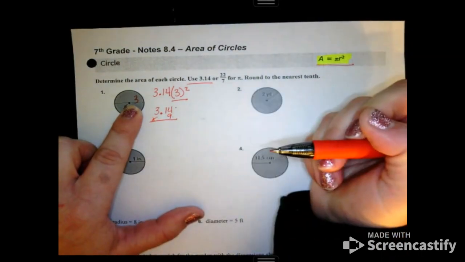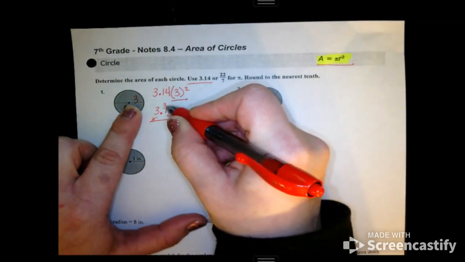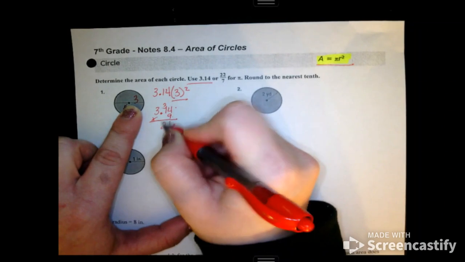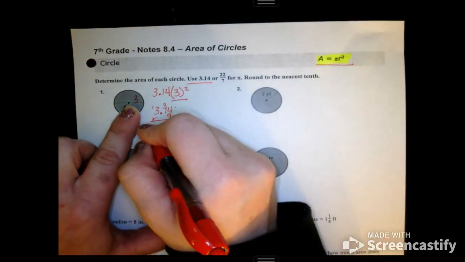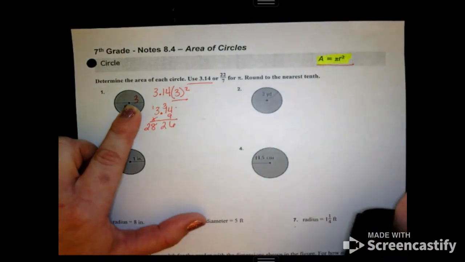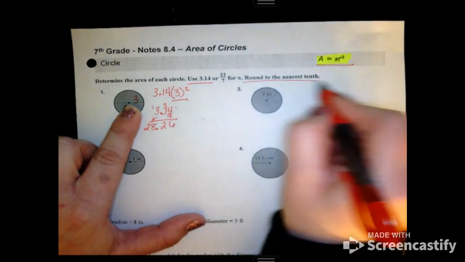Well, 9 times 4? 36. Carry my 3. 9 times 1 is 9, plus 3 is 12. Carry my 1. 9 times 3 is 27, plus 1 is? Where does my decimal go? Between the 2 and the 8. I had 2 places. Okay, what does it say right here?